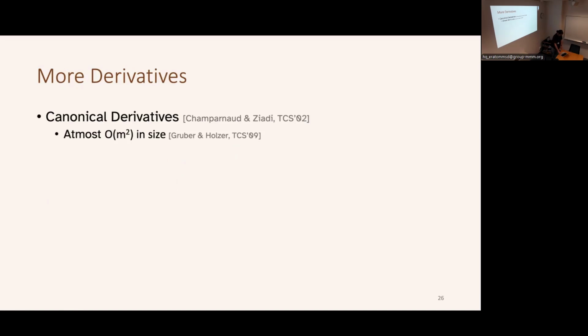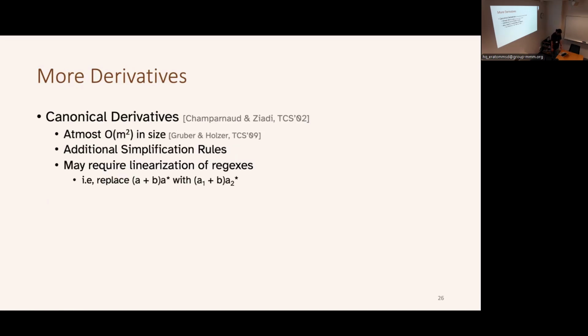These derivatives are defined with respect to a set of letters, and this definition might require you to linearize the regular expressions, meaning that when you have something like a plus b a star, you want to look at the first a as one character and the second a as a different character.